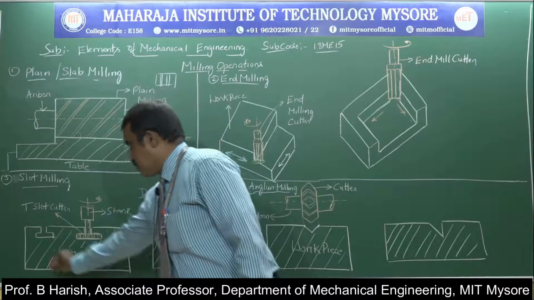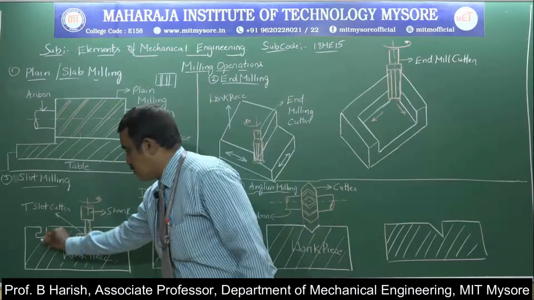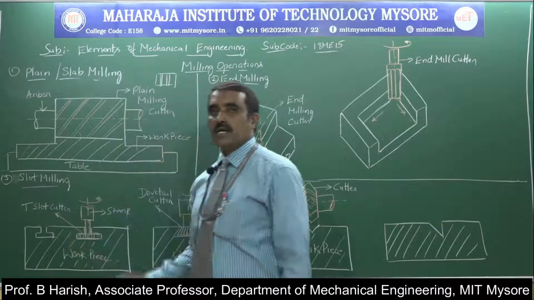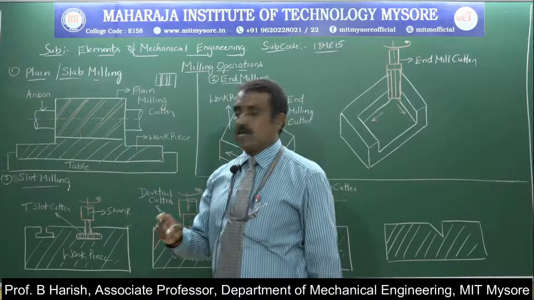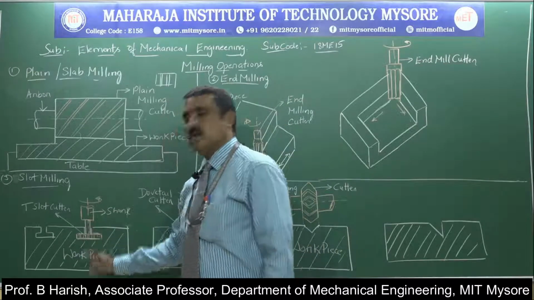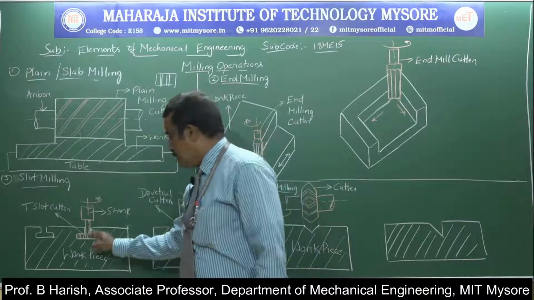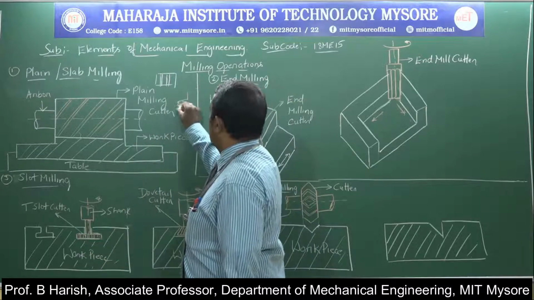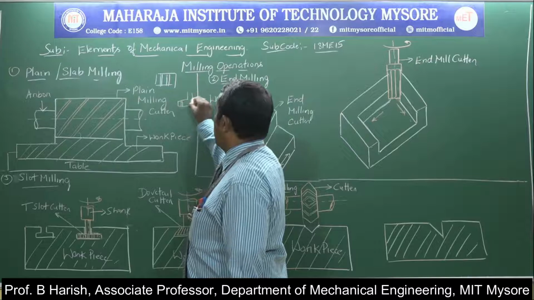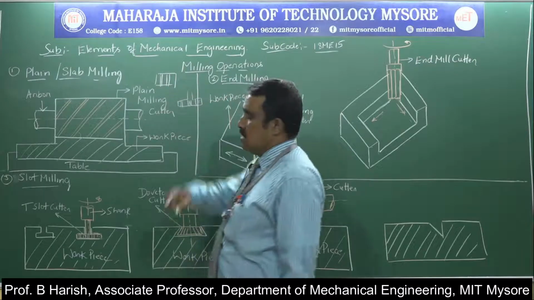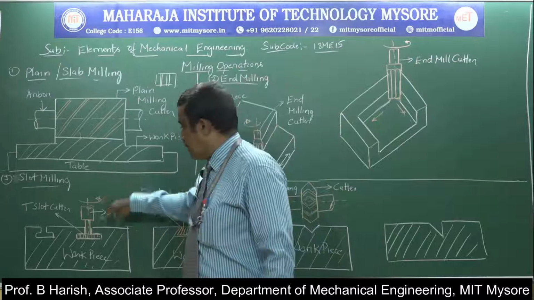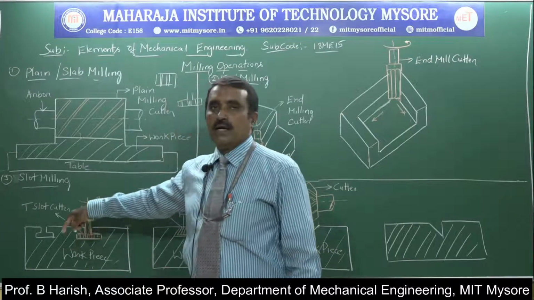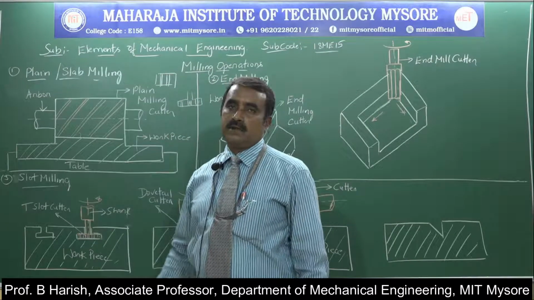Now here you can observe this sketch. This is a slot that is already cut. Here the T slot will match the cutter shape, so the cutter will also have a T shape, with cutting edges here. As it starts, material will be removed and you get the T slot.